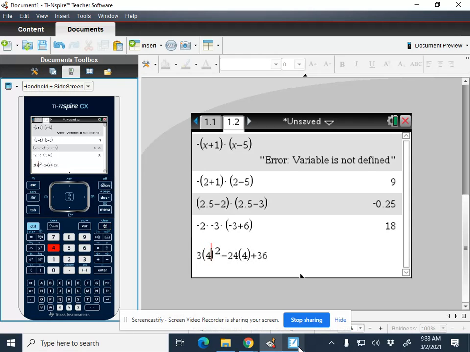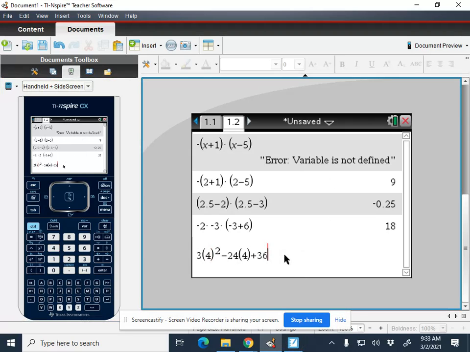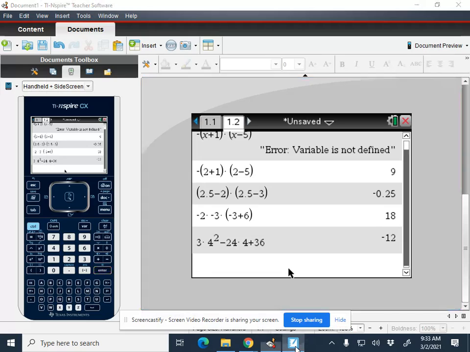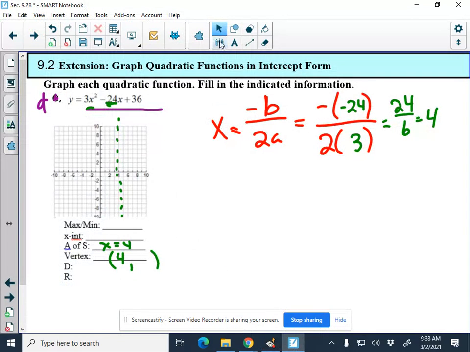Notice whenever I wrote the x, I already put it in parentheses. That's a good habit to get into. So letting you type 3 times 4 squared minus 24 times 4 plus 36 is -12. So 4, -12 is a little bit off the thing here.